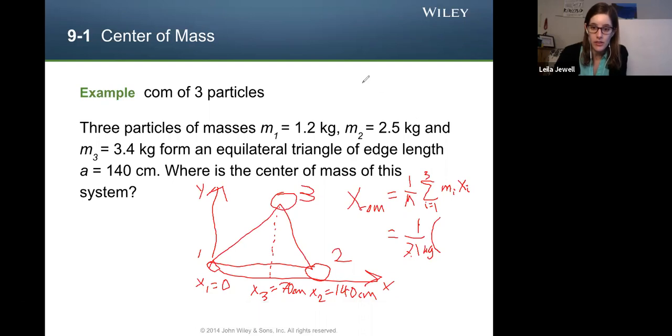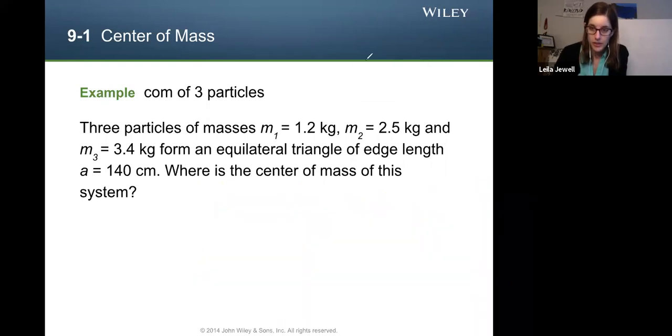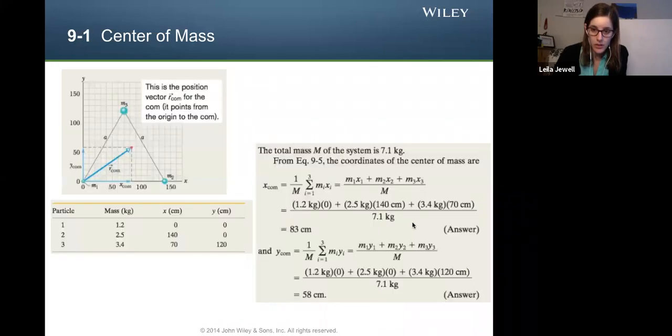All right, so that gives us the basis. I'm going to stop trying to write this all out in annotation. So I'm going to clear that and go to the next slide, where we can see the math actually done. So yeah, the total mass was 7.1 kilograms plugging into this equation, and we have mass 1 of 1.2 times position 1, 0, mass 2 times the 140 centimeters, plus mass 3 times that 70 centimeters.